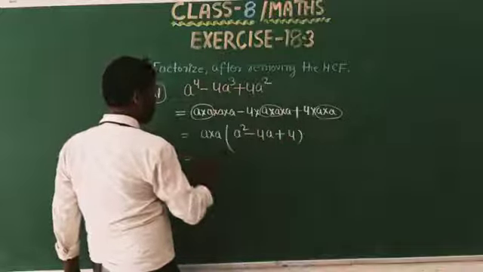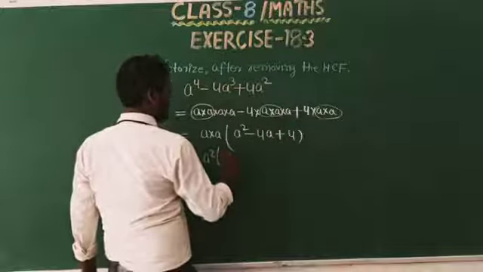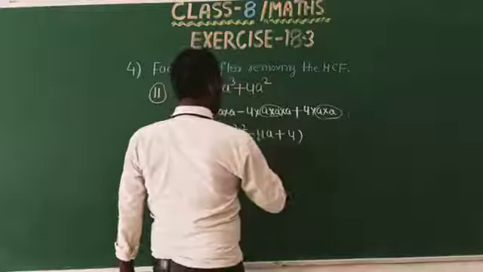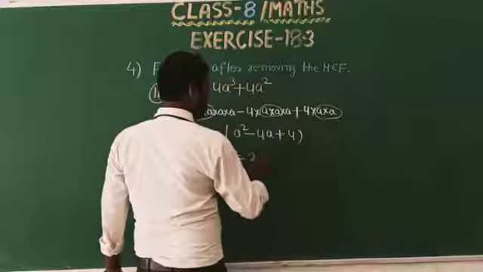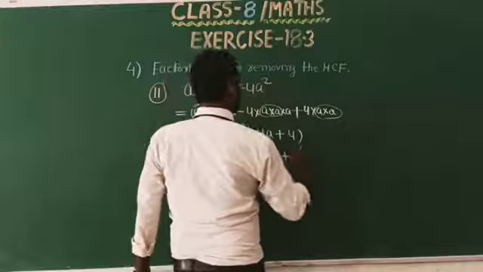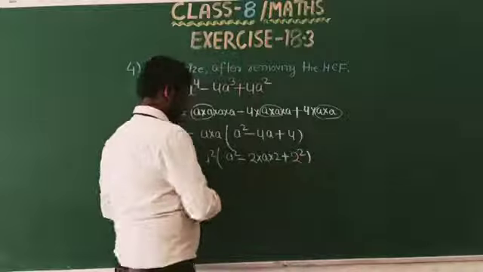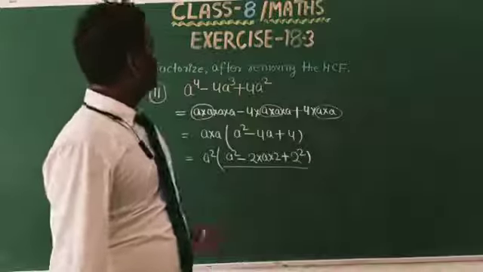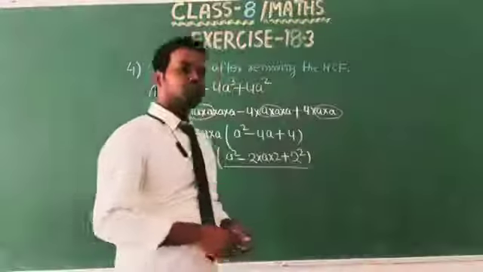This is written as a square minus 2 into a into 2 plus 2 square.